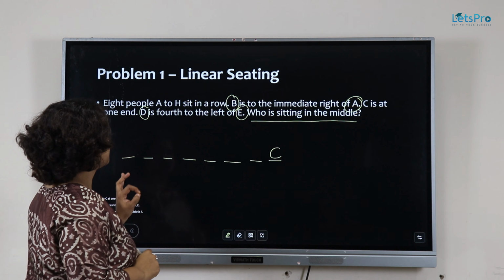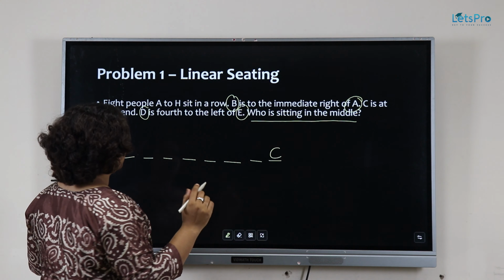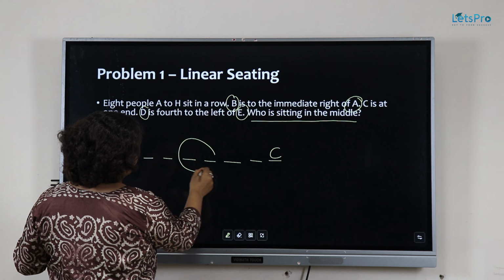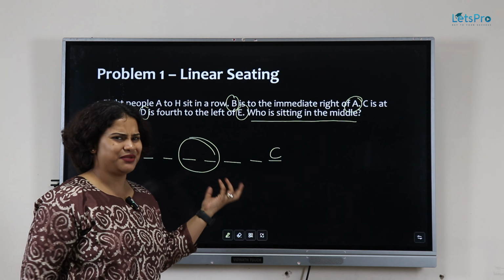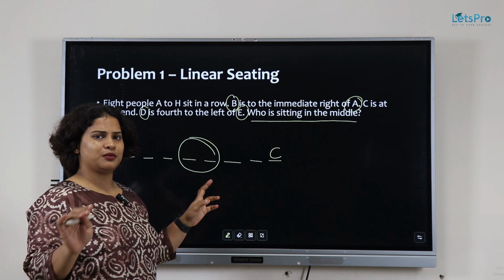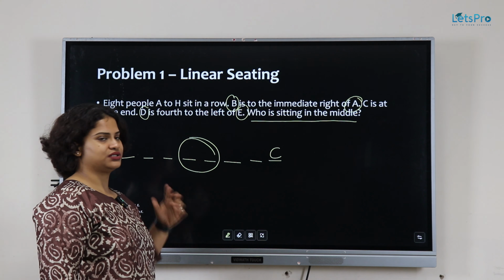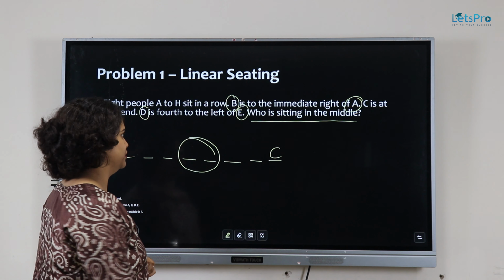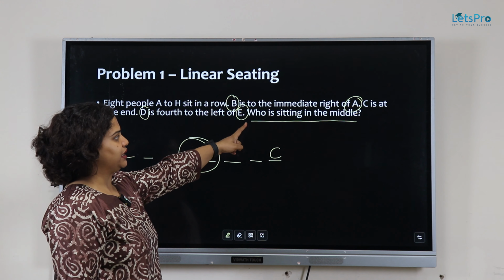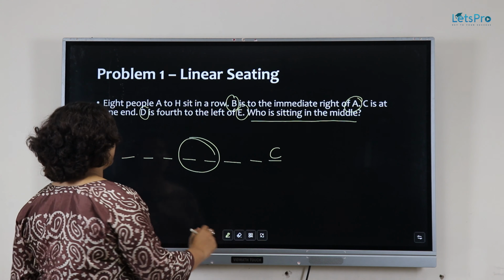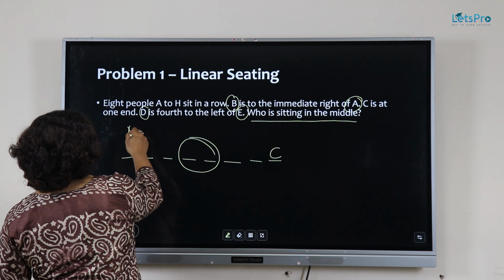Now A to H, there are 8 people, so we need to find out these two positions. It can be those two positions, or from your options, whatever is given to you, either this or this can hold good, right? Now B is immediate right to A. Let's fix A's position to be this.